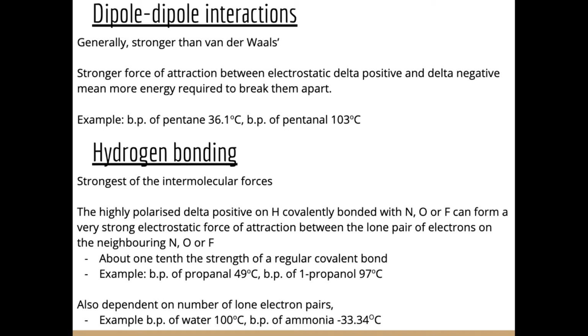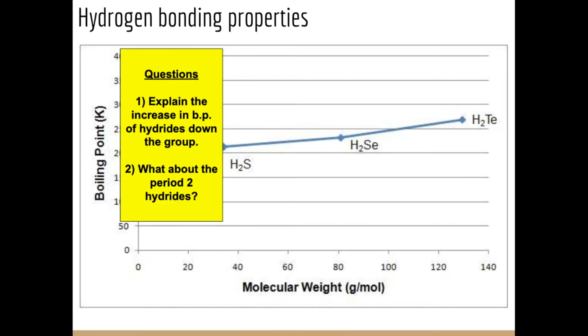So that illustrates that our hydrogen bonding is dependent on, first of all, having the hydrogen bond capacity, and then the number of lone pairs of electrons that it can potentially bond with. Let's see how this is all reflected across our periodic table. We have a few different hydrides here for the same group.